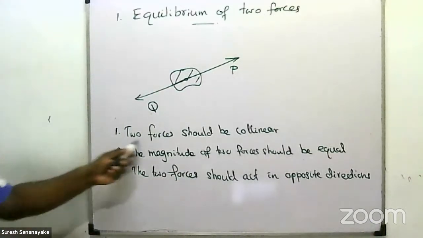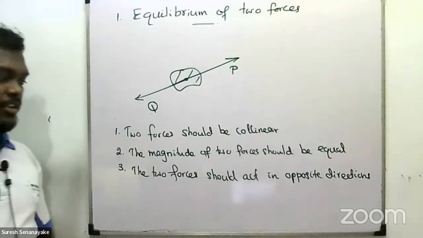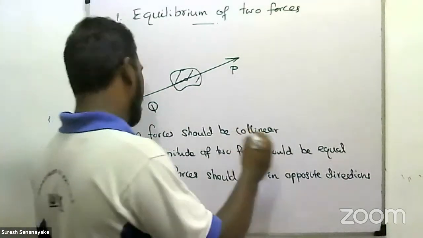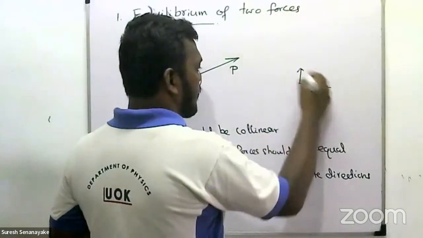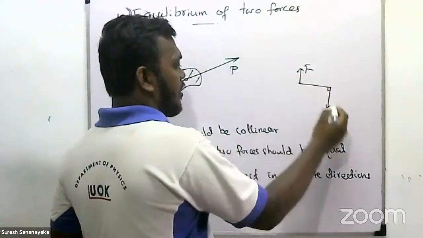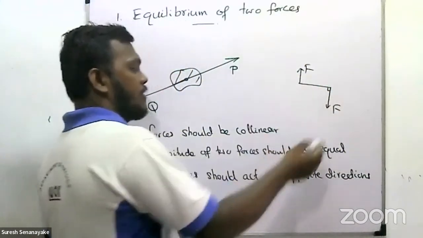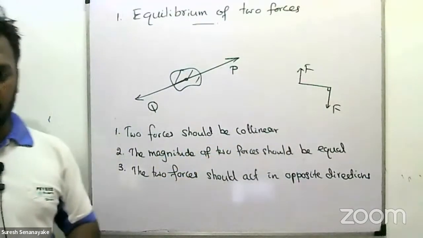This is important: if only the first two are satisfied, we can't say it's in equilibrium. We must also consider the third, because if a force couple is applied, the forces are equal and opposite, but not in the same line, so there is a moment.